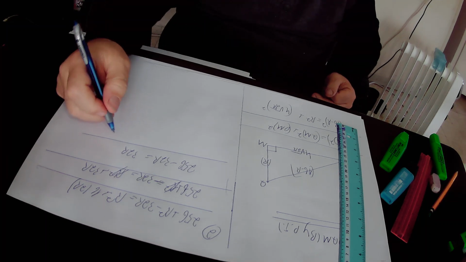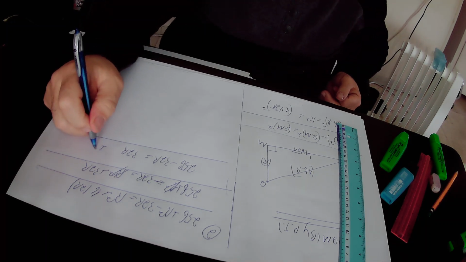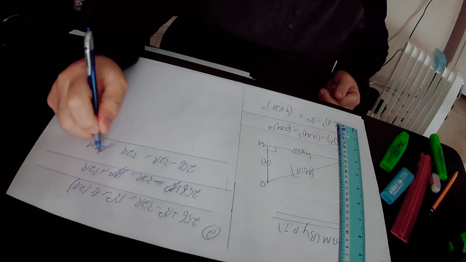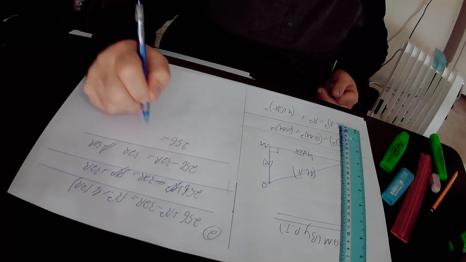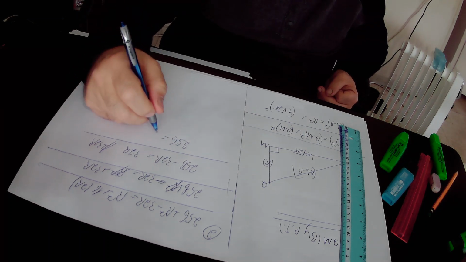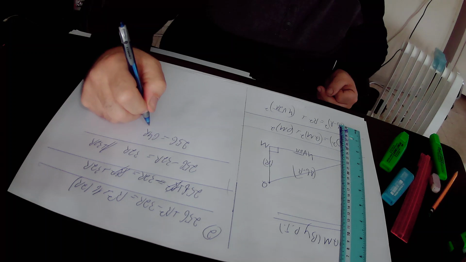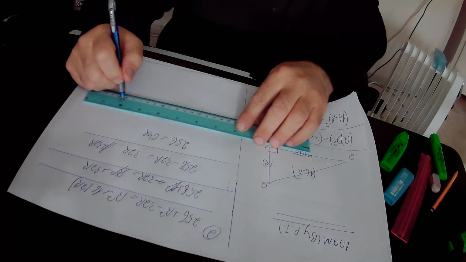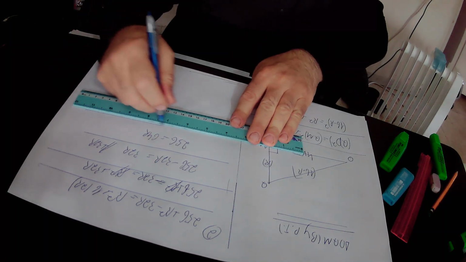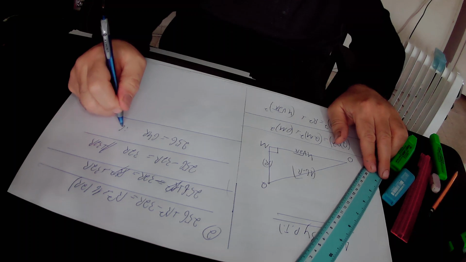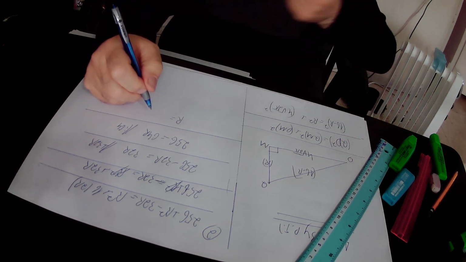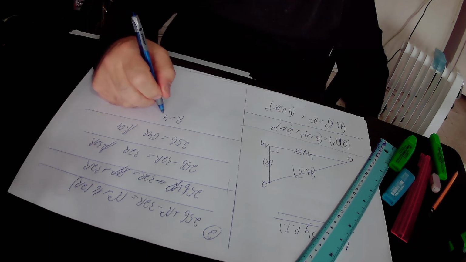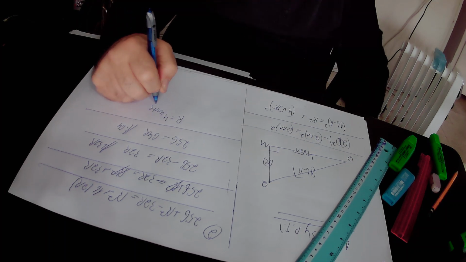Here we add 32R to both sides, and we get that 256 equals 32R plus 32R, which is 64R. Here we divide the equation by 64, and we get that R equals 256 over 64, which is 4. So R equals 4 units in length.